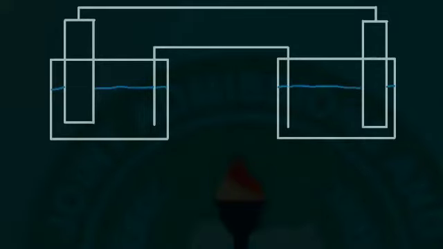So let's begin. Let's talk about how the cell works. Let's say that we have a zinc electrode on the left and a copper electrode on the right. Now, the standard reduction potentials for zinc and copper are as follows.